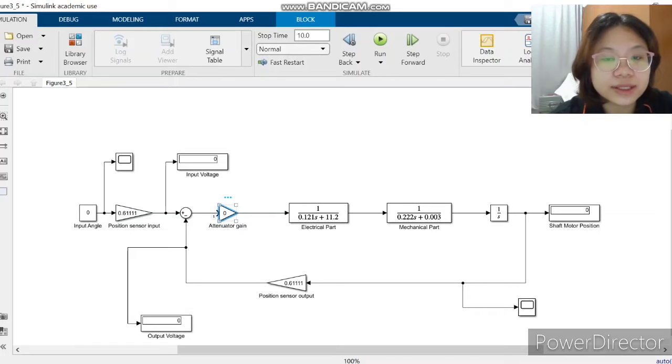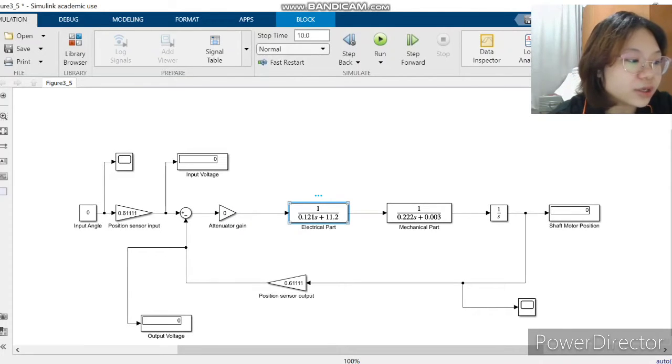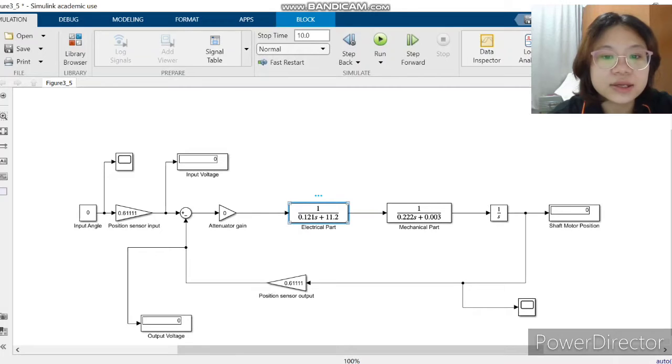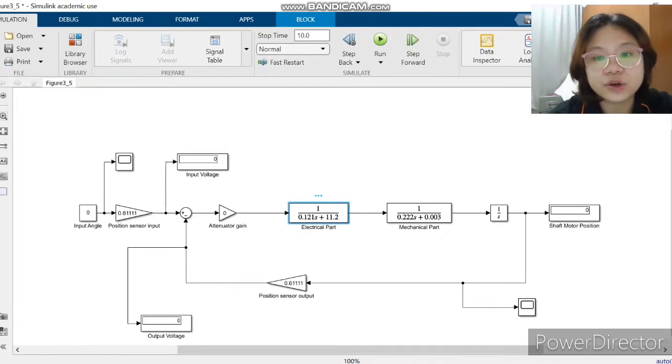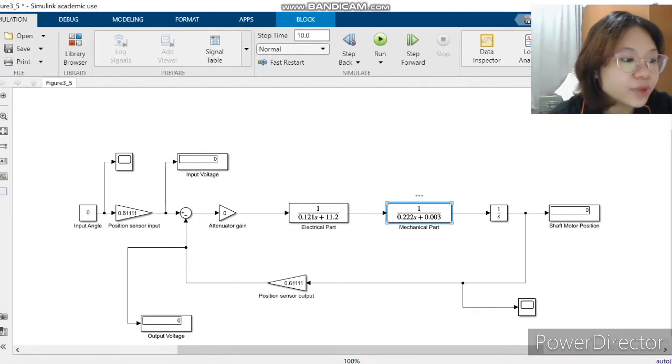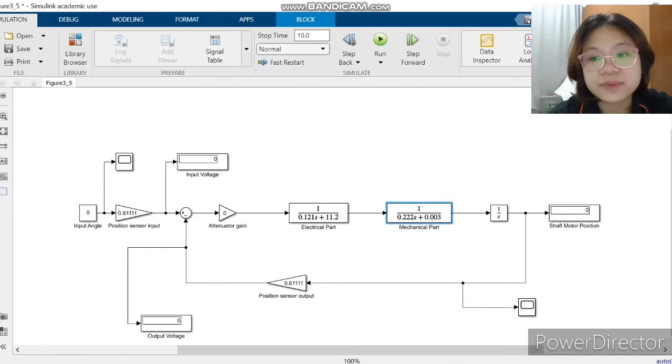Here is the attenuator gain. This is the electrical part, 1 over 0.121, which is the electric inductance, plus 11.2, which is the RA, the electric resistance in ohm. And this is the mechanical part, 1 over 0.22, which is the Jm, moment of inertia of the motor, plus 0.003, which is Bm, the motor viscous friction constant, and 1 over S is the integrator.